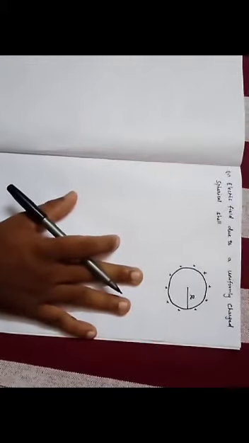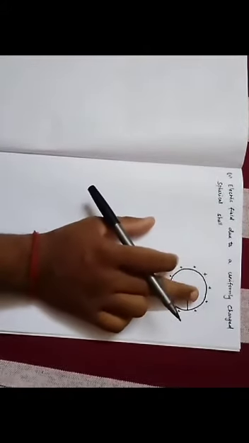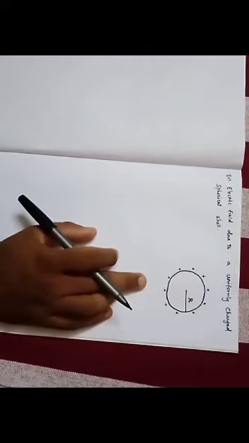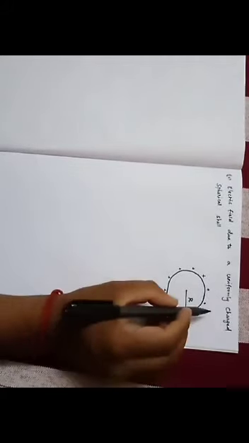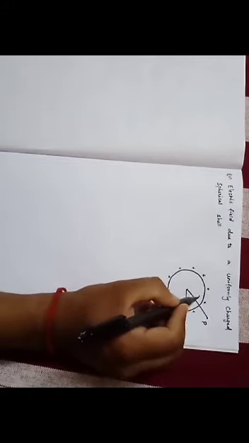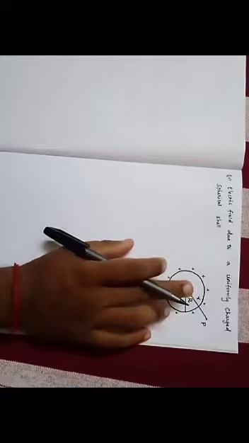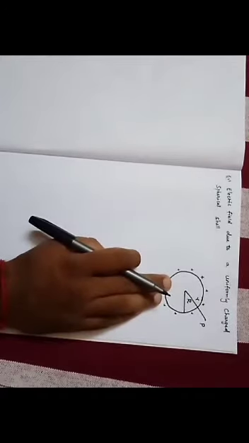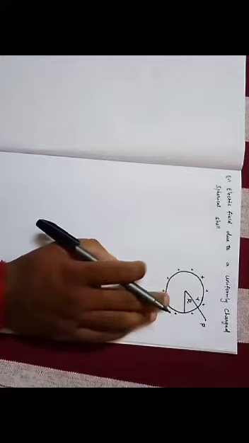It has a charge Q and a radius R. To determine the electric field due to the uniformly charged spherical shell, we take a point placed at a distance r from the center of the sphere.